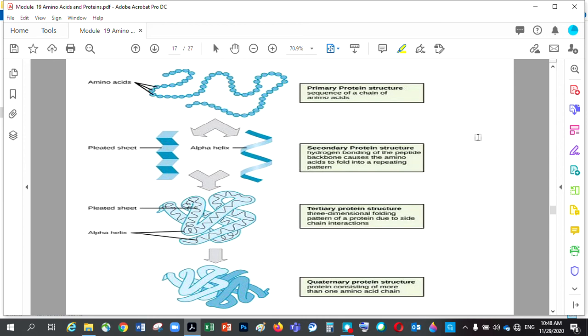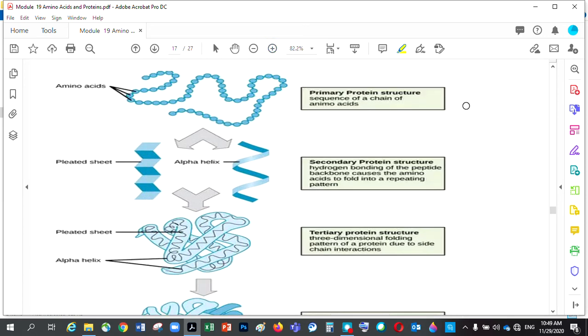Now this summarizes the whole thing here, and we can maybe blow it up a little bit. You can see it. This is just a normal chain without any special arrangement in space, just a normal chain of amino acids. This is called primary.